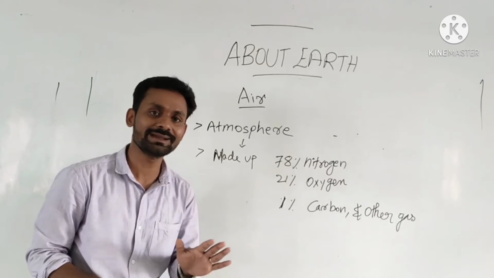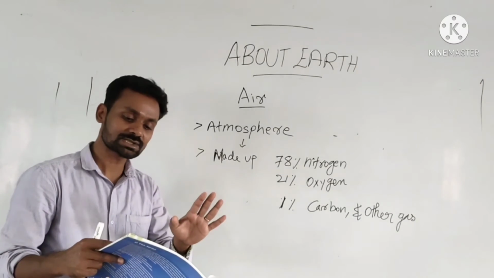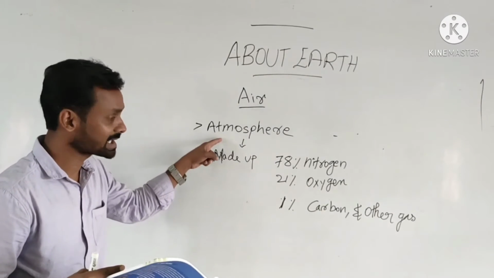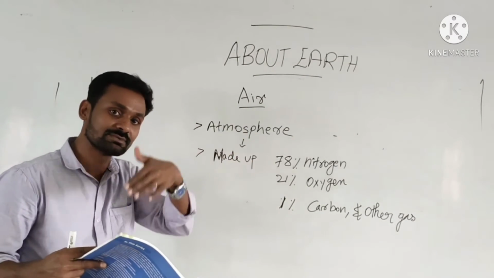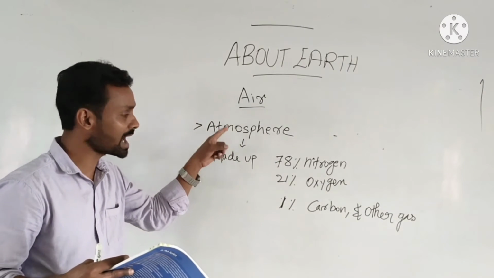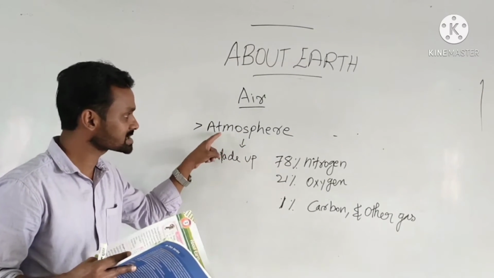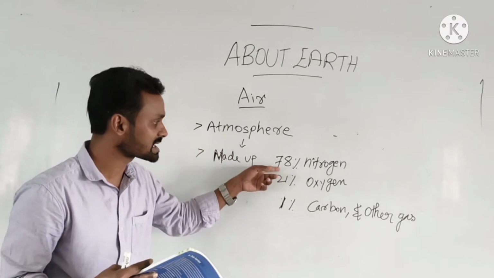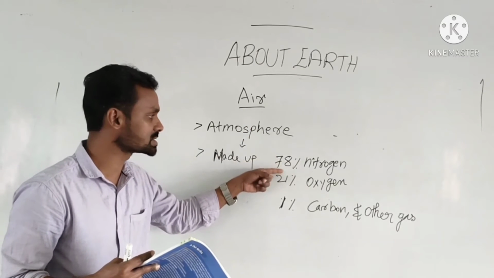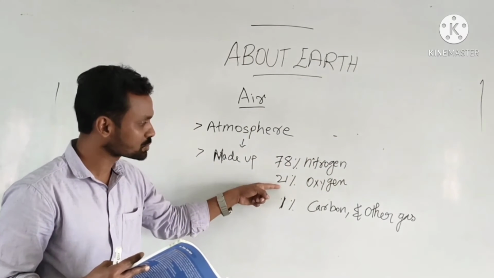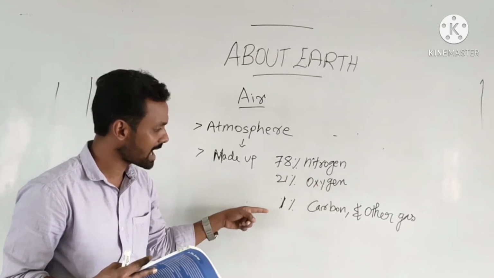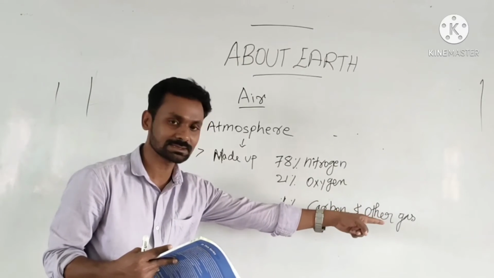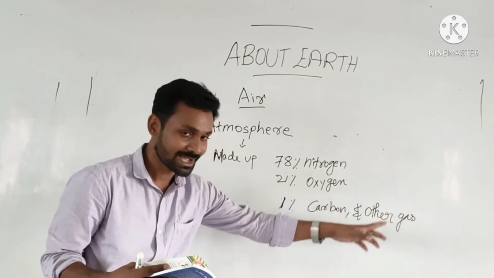Dear students, we heard that the Earth is surrounded by a layer. What is it called? Atmosphere. Our Earth is covered by a layer called the atmosphere. And this atmosphere is made up of 78% nitrogen, 21% oxygen, and 1% carbon dioxide and other gases.